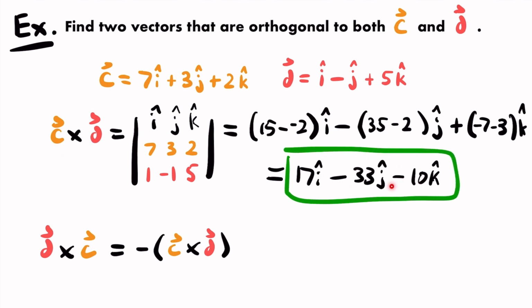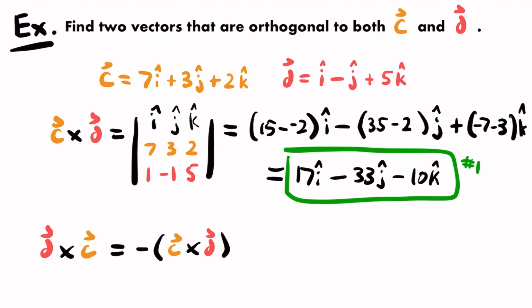That is one vector that is orthogonal to both vector C and vector D, 17i minus 33j minus 10k. But then if we want to find a second vector that's orthogonal to both of those vectors, this is number 1, our second one will be the same as this vector, but where each component is negated. That will be D cross C. We'll take -1 and multiply it by this vector.